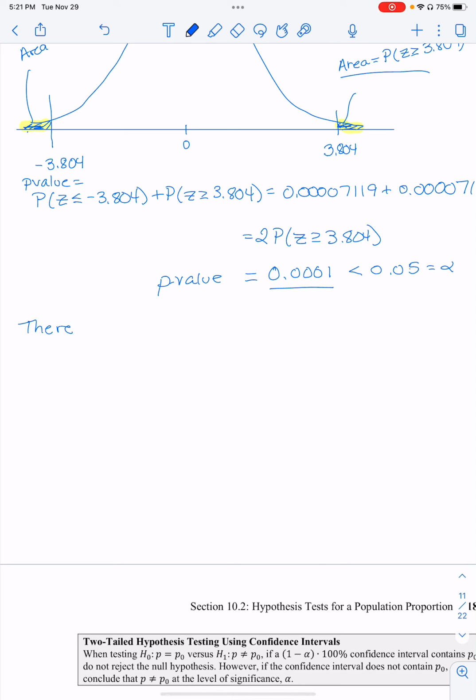there is evidence to reject the null hypothesis.